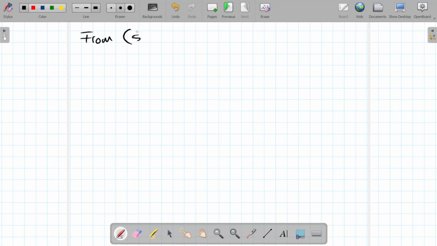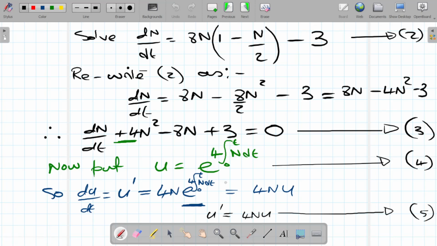from equation 5 we get, well, if we look at that, we can write n in terms of u prime over 4u.